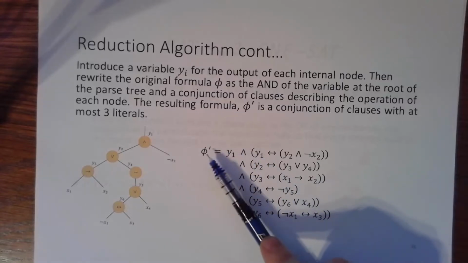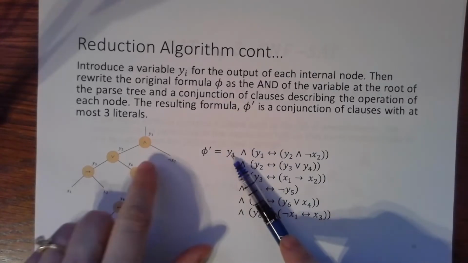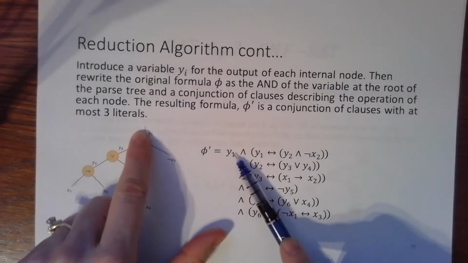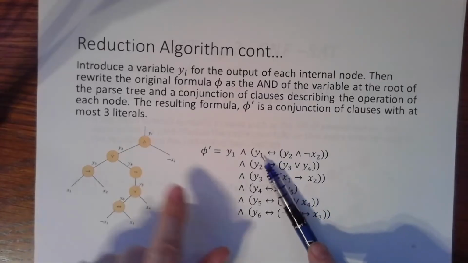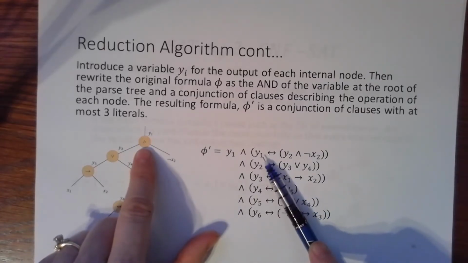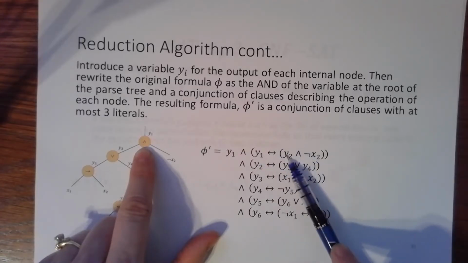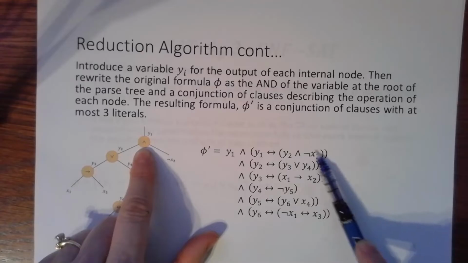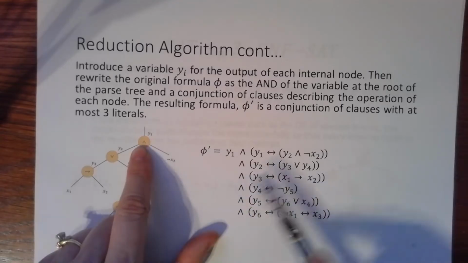we are going to create a formula that ANDs together the final output, which should be at the top, and then for each internal node, we're going to look at the output and have it be a biconditional with the logical functionality of whatever that node is doing.